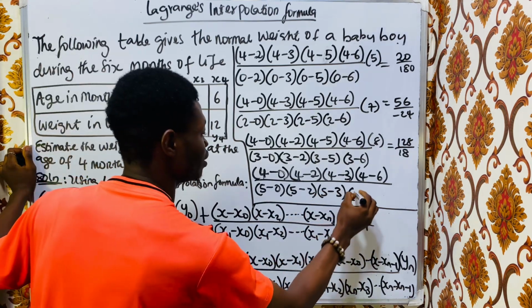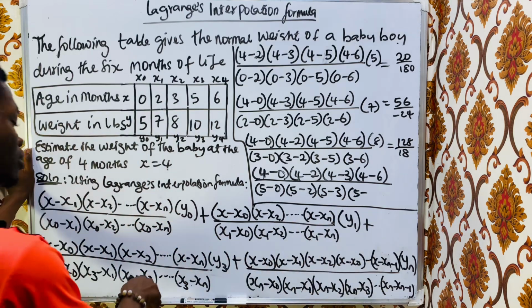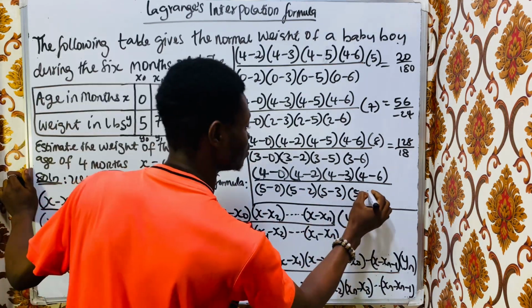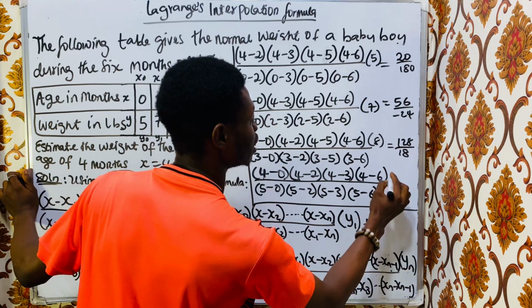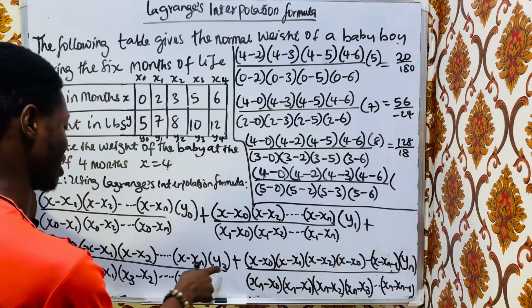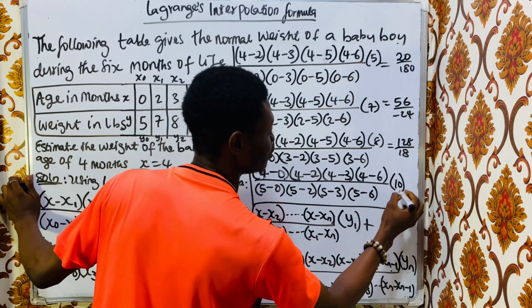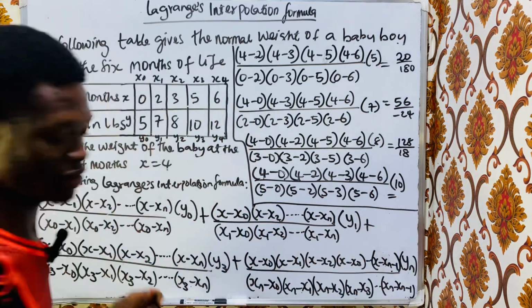Then it will not be x3 now, it will now be x4, so it is 5 minus 6. So times our y3. Our y3 is what? 10. So if you do it well, you are going to get this value as the answer.